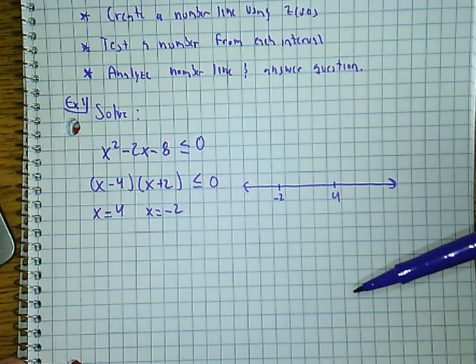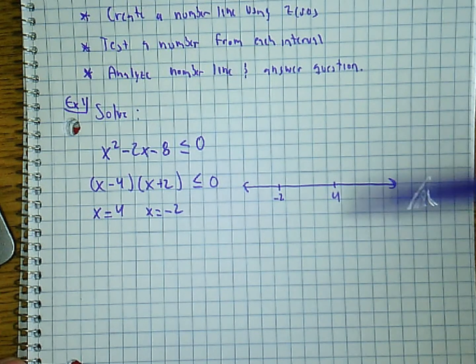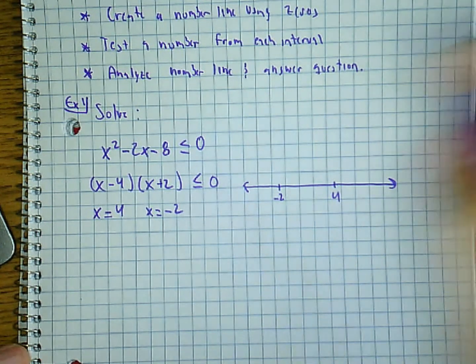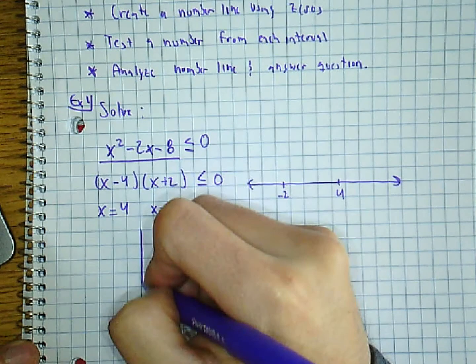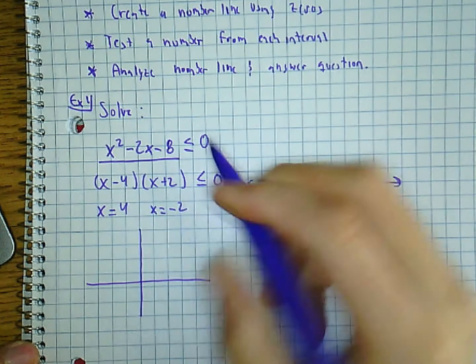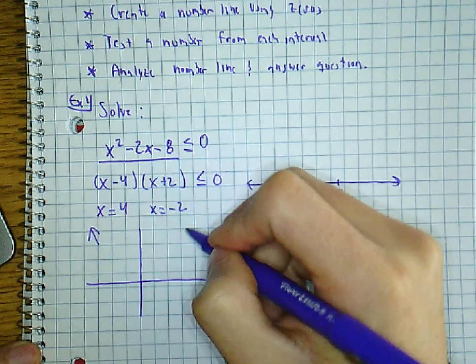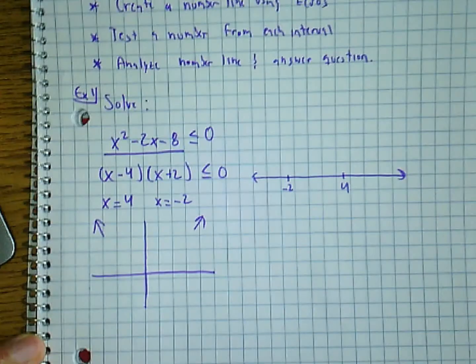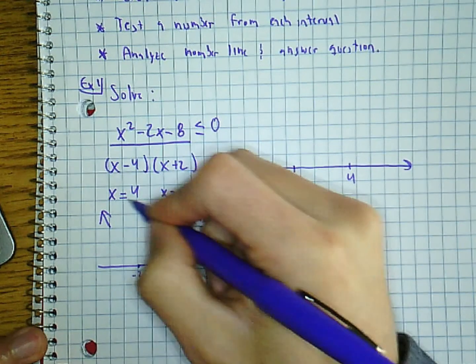Okay, so to do so, I am going to use my knowledge from chapter 2 to speed this process up. I know that this quadratic, if I were to graph it, based on the leading coefficient and the power, would have an end behavior of rising on the right and the left. Now, based also on the zeros that I found, I would have a 0 here at negative 2. I would have a 0 at 4.